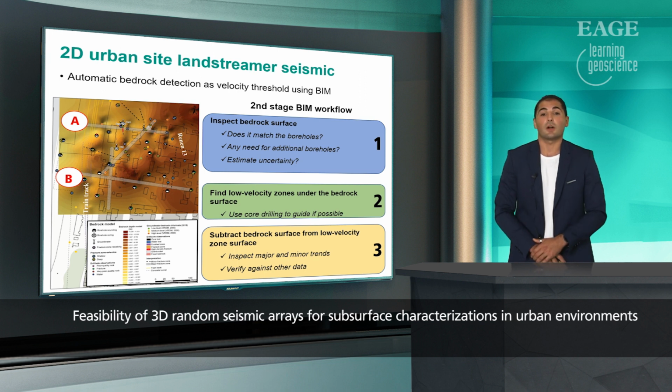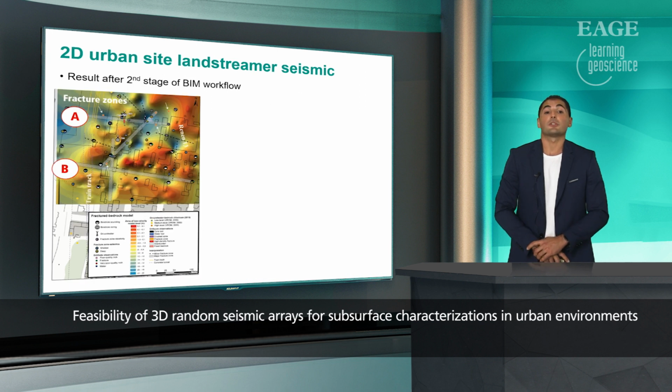However, if we now apply a second-stage BIM workflow, as shown there, which is essentially to subtract the bedrock surface that we obtained in the first step from the low velocity zones that we obtained from the second BIM stage workflow, we come to our second result, which shows obvious lineaments.